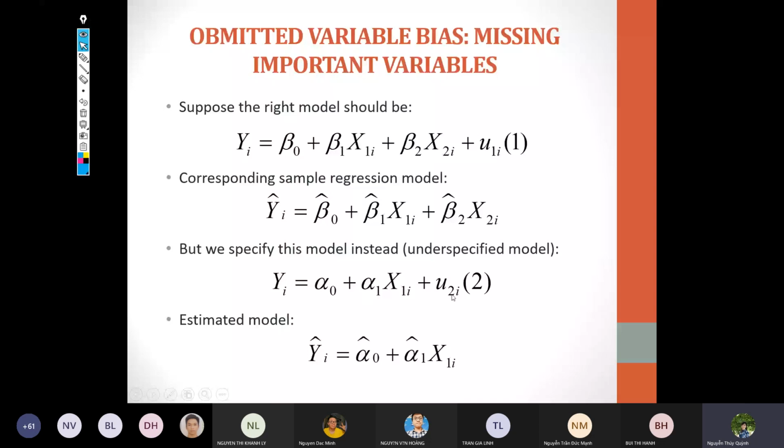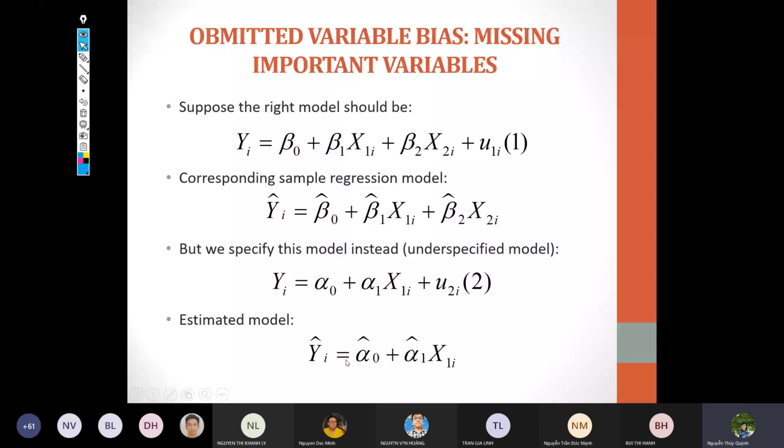So the corresponding estimated model of model 2 will be like this: y_i hat equals alpha 0 hat plus alpha 1 hat times x1, and alpha 1 hat is the effect of x1 on y estimated by this model.